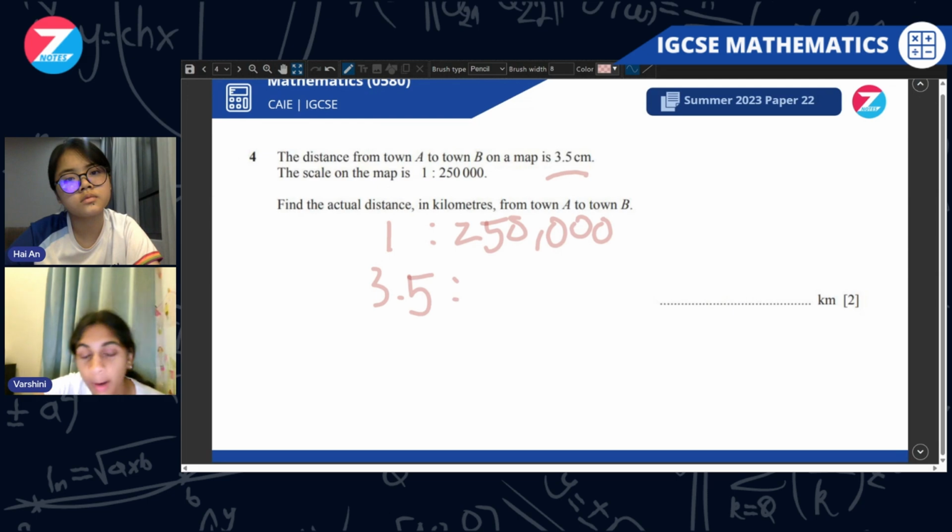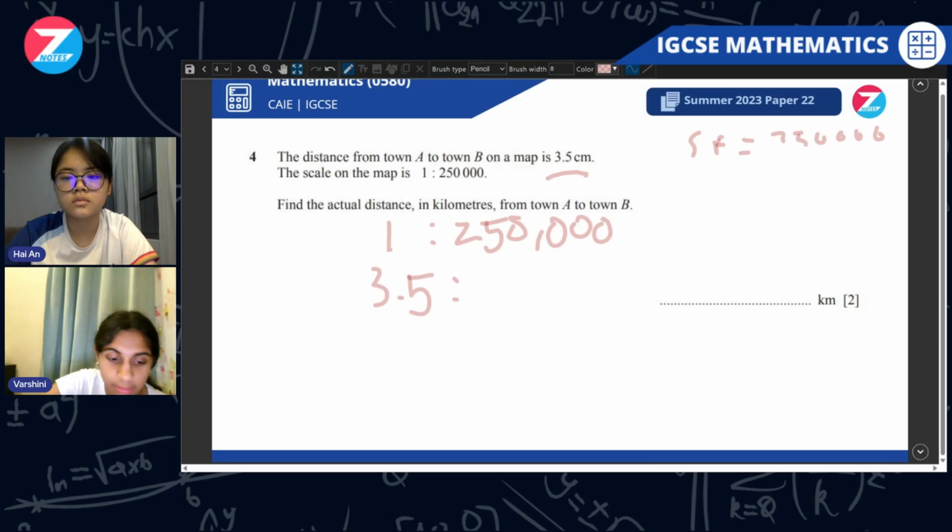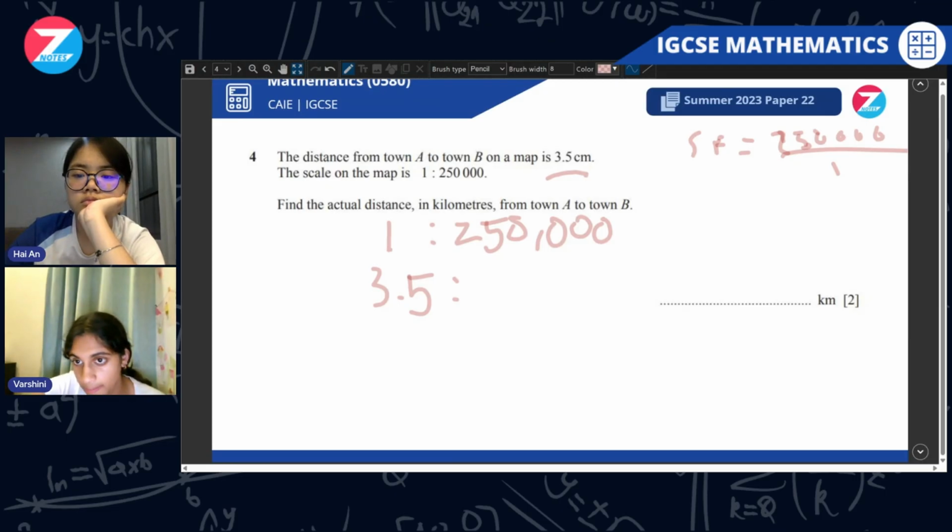So firstly, what does 1 to 250,000 mean? It means that when you multiply 1 by 250,000, we get 250,000. So the scale factor over here is 250,000 divided by 1, which is just 250,000.